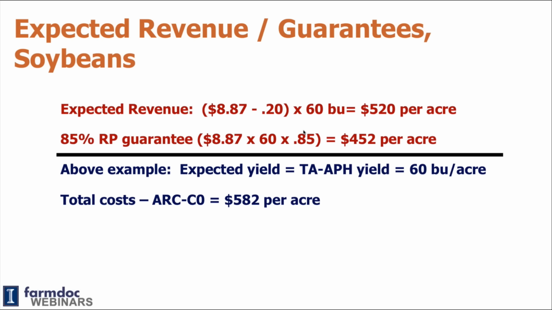Well, I think it's probably really important, Gary, too, to point out that you need to be aware of not only what your coverage level is, but what that revenue guarantee is in terms of dollars per acre, because it's undoubtedly going to be much lower than it's been last year, and definitely compared to the 2 or 3 crop years before that.